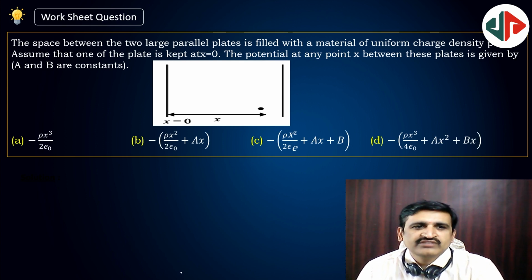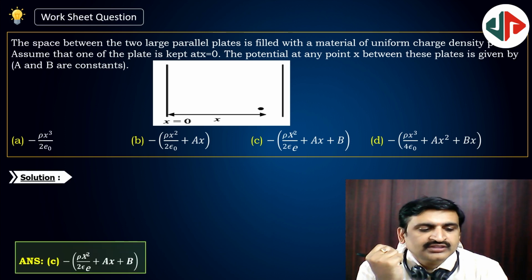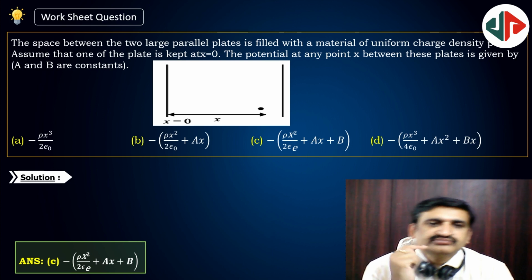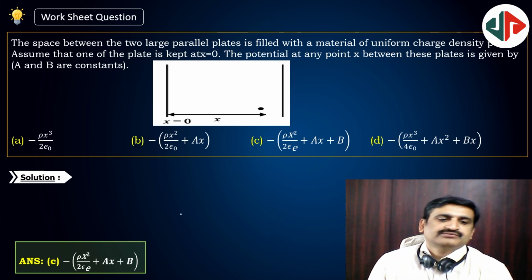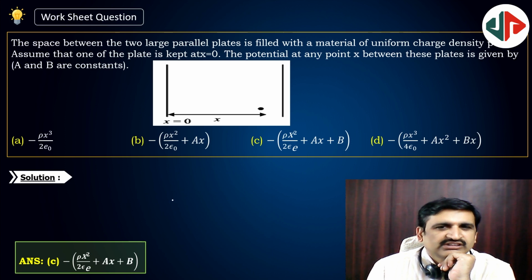Next. The space between two large plates is filled with material of uniform density rho. Assume that one of the plates is kept at x equal to 0 and the potential at any point x between the plates is given by. So it's filled with a dielectric and we are supposed to find the potential. Here the charge is distributed, so the field must be linearly proportional as the charge is increasing.